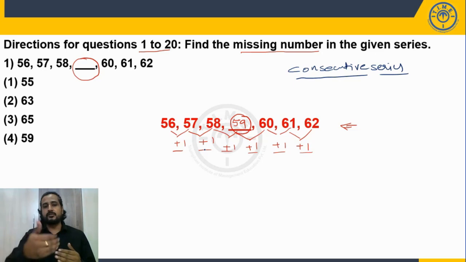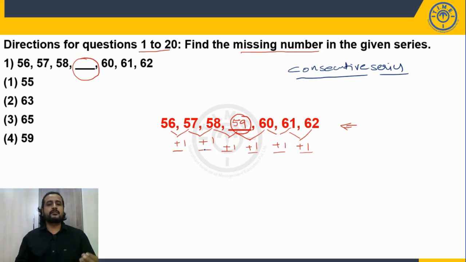The patterns we just discussed are natural numbers, even numbers, odd numbers, prime numbers, composite numbers, non-prime numbers, alternate even numbers, alternate odd numbers, alternate prime numbers, alternate composite numbers, alternate non-prime numbers. All those logics come under the category of consecutive series.